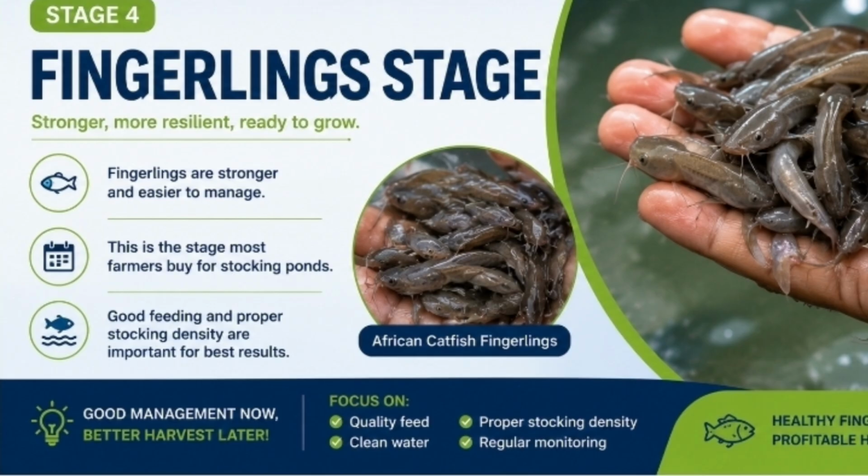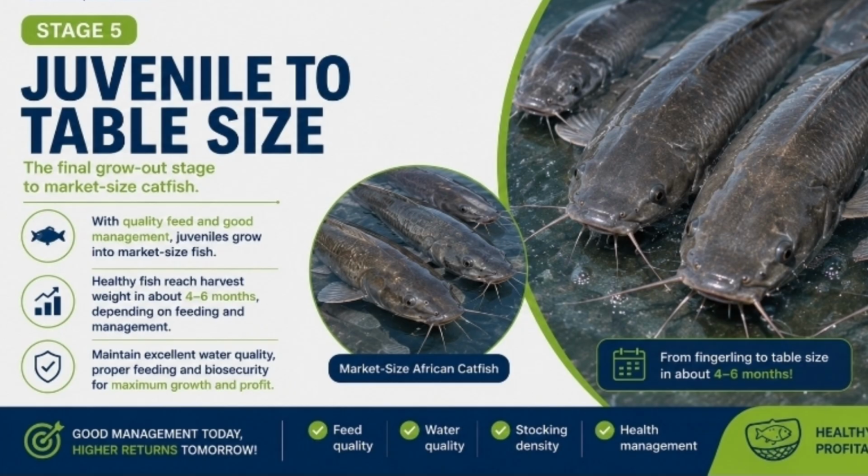The next stage now is the fifth stage, which is juvenile to table size. After the fingerlings have been sold to another farmer who wants to raise them to a big size, this person will raise them up to juvenile or up to table size. When we say table size, that is the size that is okay for the market, that is okay for your table. That's why they call it a table size.